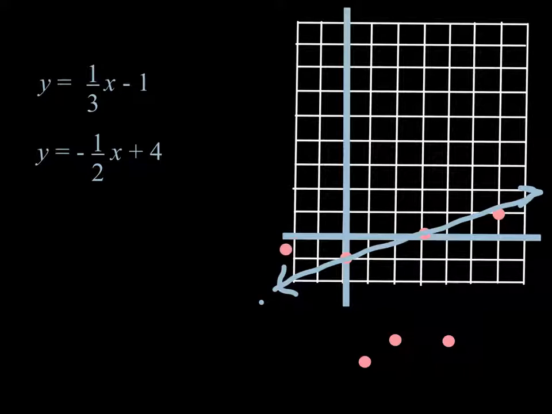So I grab this point, put it at the 1, 2, 3, 4 on the y-axis. Then I go down 1 to the right 2. Find the next point, I would go down 1 to the right 2. Find the next point, I would go down 1 to the right. Hey, there we go. Overlapping points.